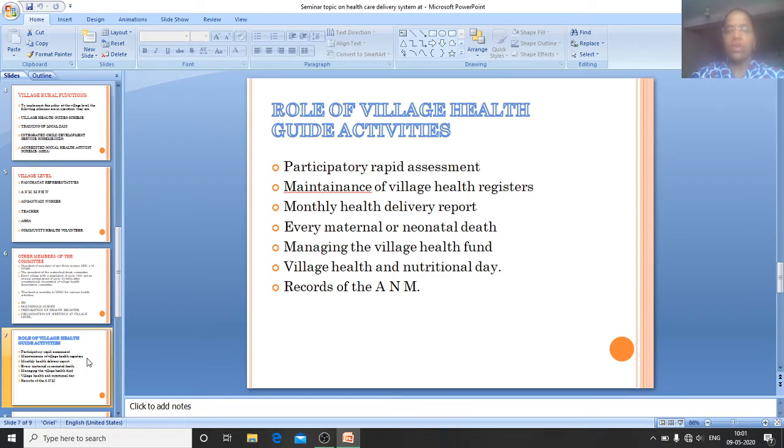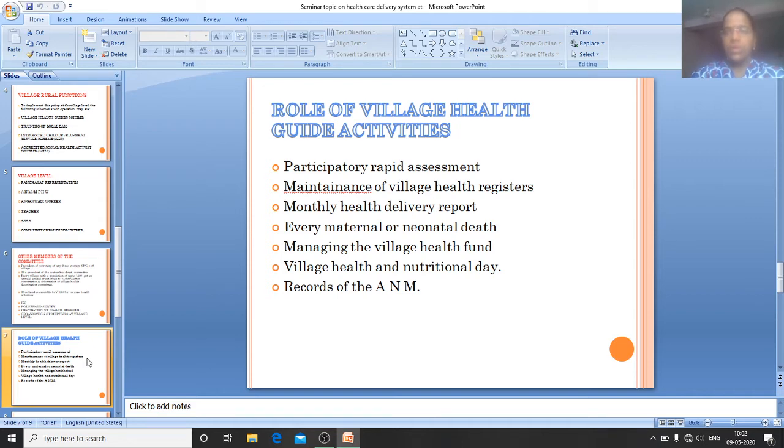For all this they need funds to celebrate these special days. The birth and death reports, tracking records, and immunization or vaccination records must be with the ANM, and they have to give monthly reports.